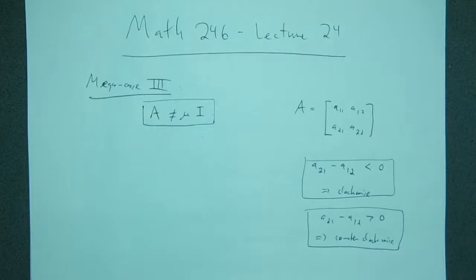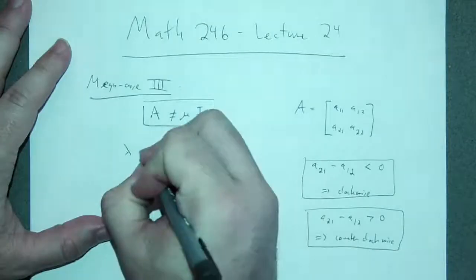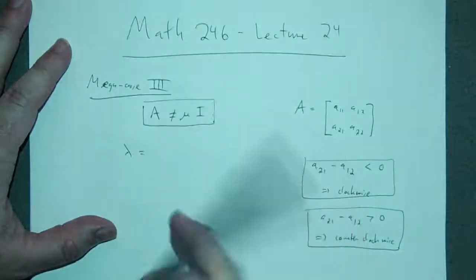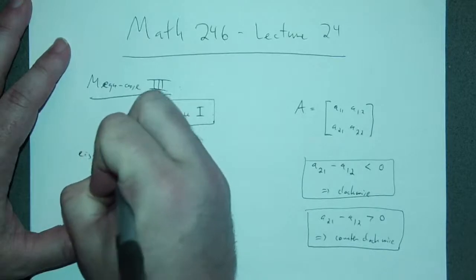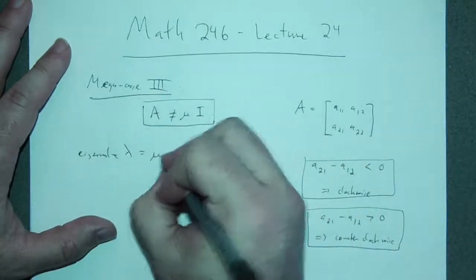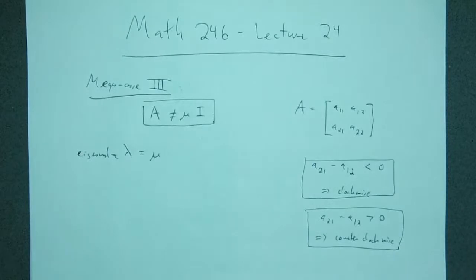All right. And so what are the cases? Remember, our eigenvalue lambda is equal to mu, we'll say, right?